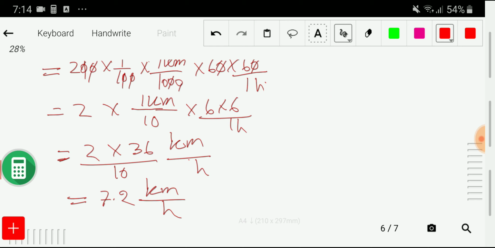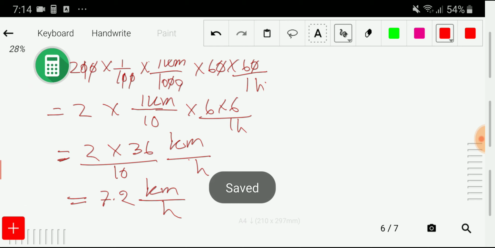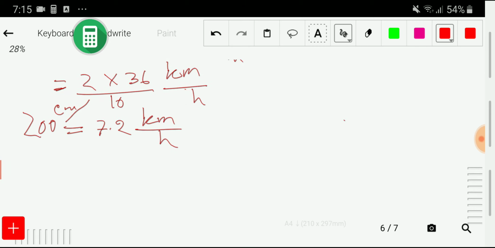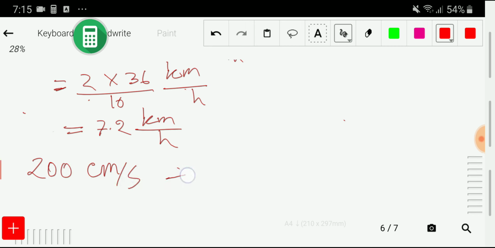That is, we are getting 200 centimeter per second equals 7.2 kilometer per hour.